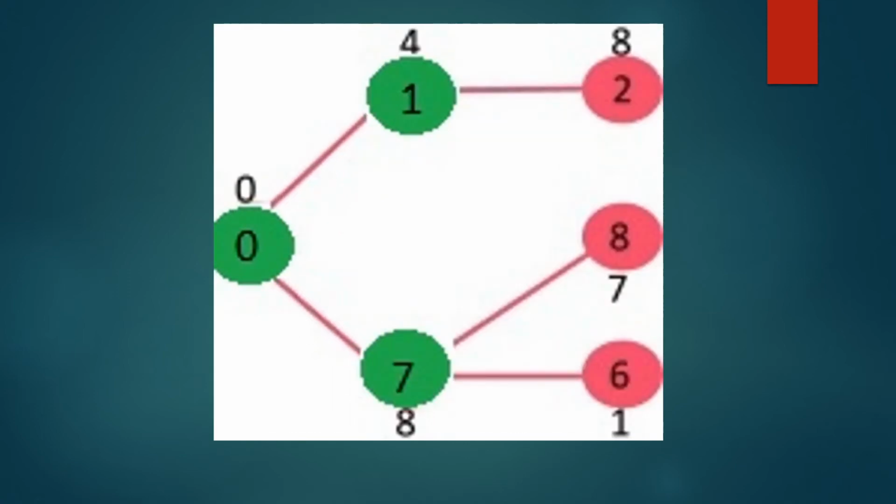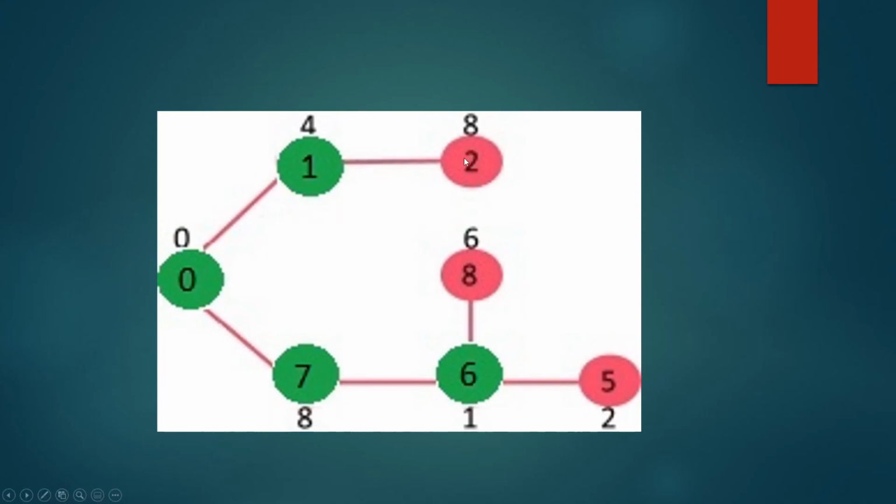Okay, so we pick the bottom one, and a couple new edges open up, and we're going to check the weight of these edges compared to the weight of the previous edge. So we're checking from 1 to 2, from 7 to 8, and from 7 to 6, and we're seeing which weight is the least. And we can see that the weight 1 from 7 to 6 is the least. So we're going to go from 7 to 6.